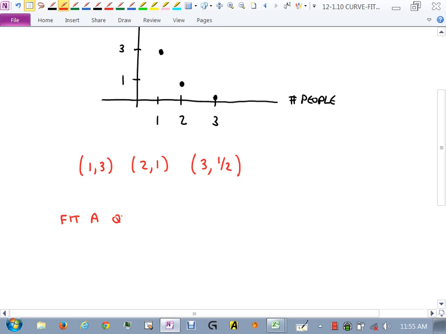a quadratic function to this. Why would we want to fit a function to data? Yeah, if you only have 3 data points, you don't know what it would be like to have 5 guys out there, or girls.